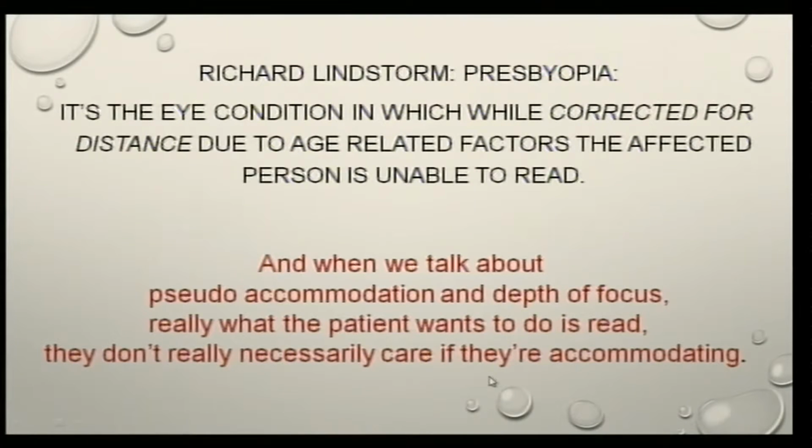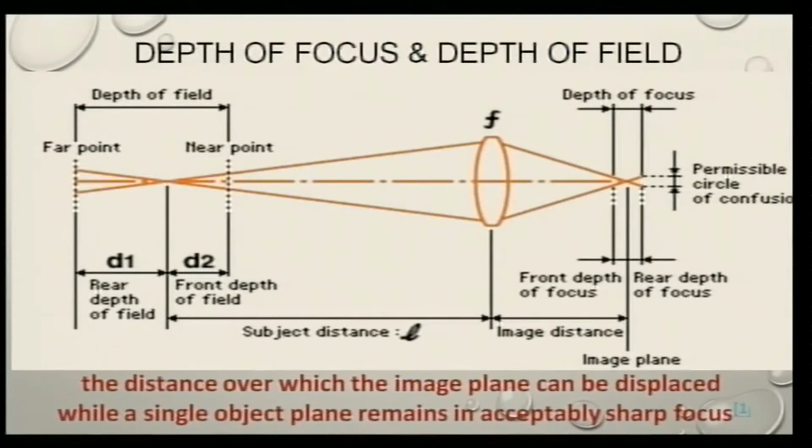So seeing near is different and accommodation is different. Pseudo-accommodation is guided by two things: one is depth of focus, another is depth of field. Depth of focus means focus is not a point but a line, and depth of field means it is not a plane but actually a volume.